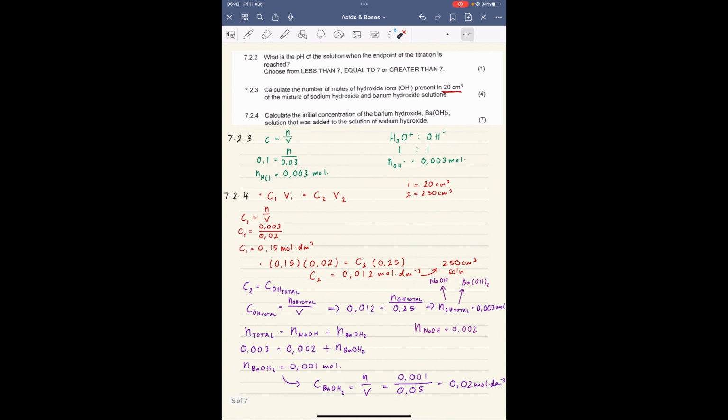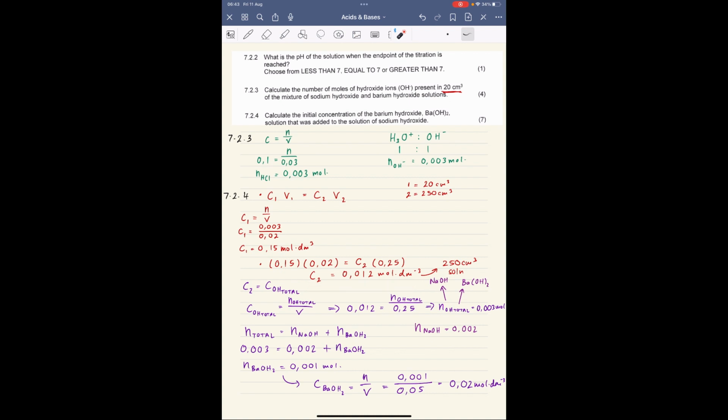After that, we wanted to know what the concentration is in 250 centimeters cube, so this is where we use the C1V1 equals C2V2 dilution type of equation. When we did this, we found out the concentration of OH in the 250 centimeter cube solution.